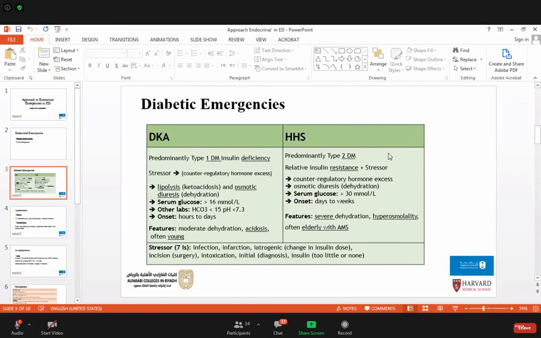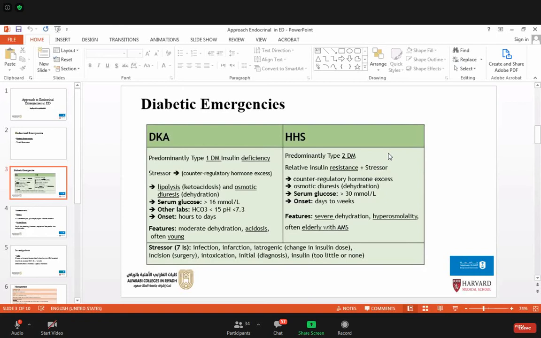So they would have the ketone, so they would have lipolysis, and pH will be low. And because of the high hyperglycemia, as we probably remember, glucose, when it goes to the kidney, if the glucose level is more than 180 in the blood, then the kidney cannot tolerate that and starts washing out the glucose in the urine.